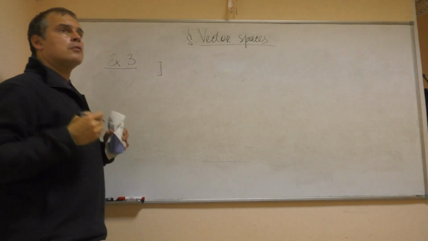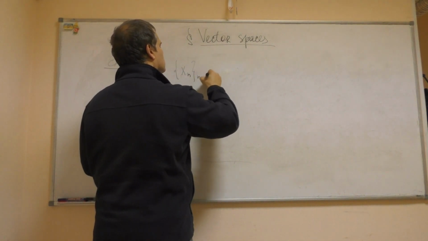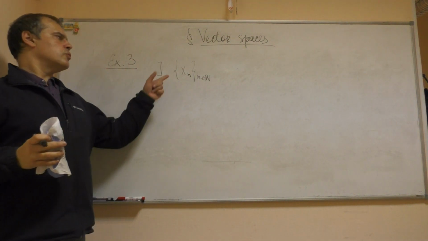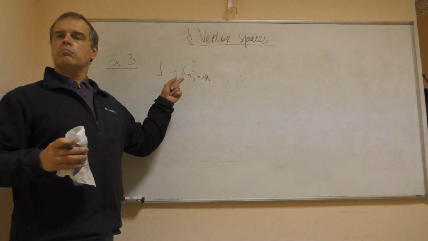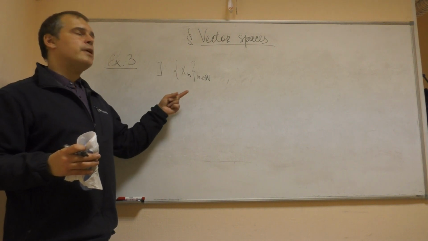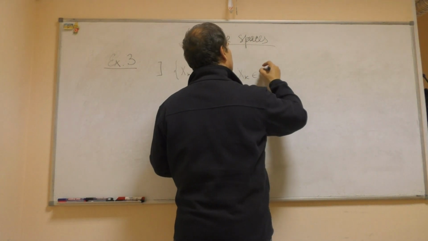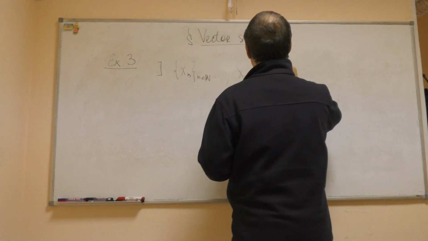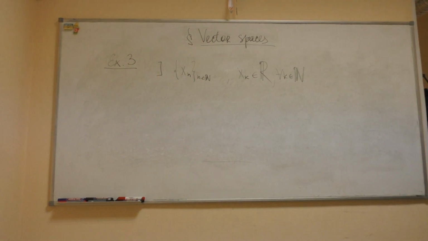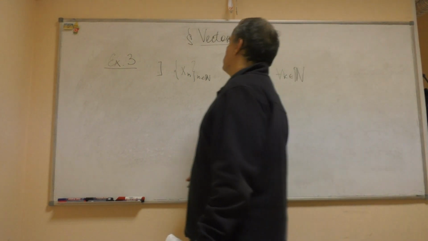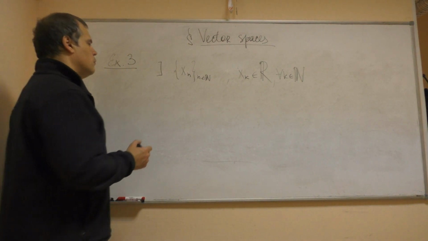Let's consider sequences. So sequences are infinite numerated sets of real numbers. So each x_k belongs to R for any k.